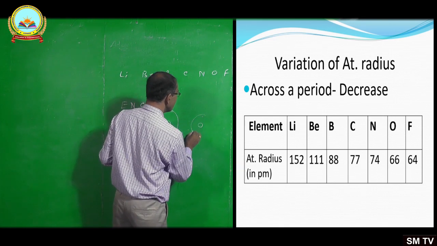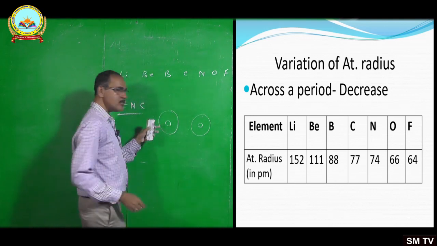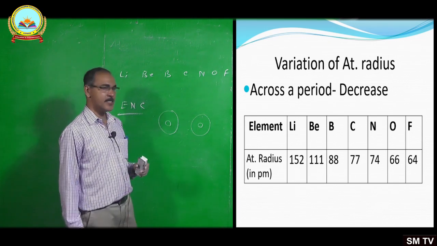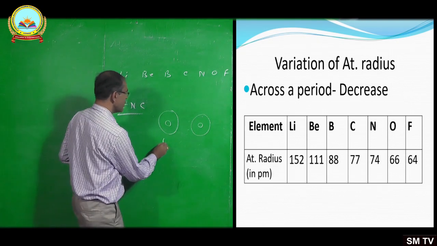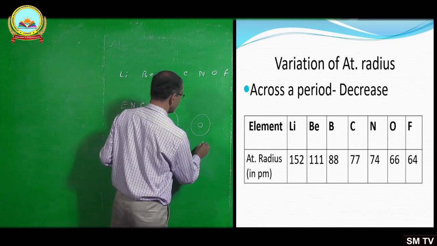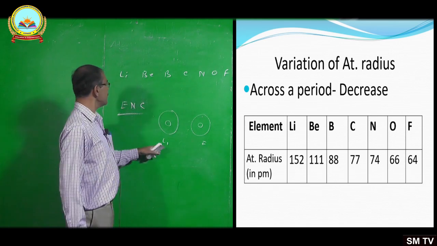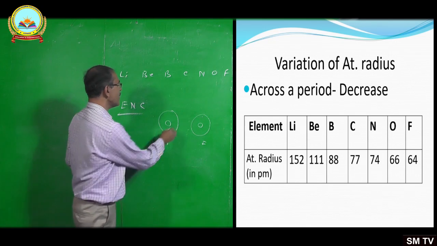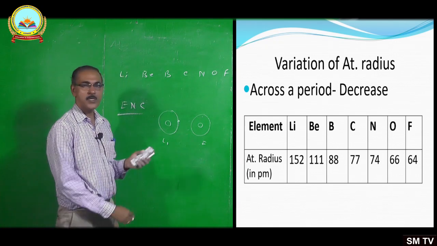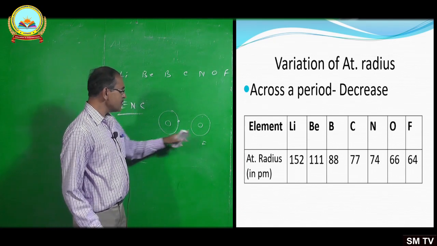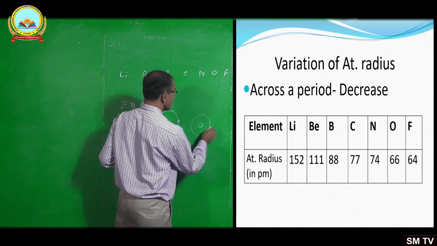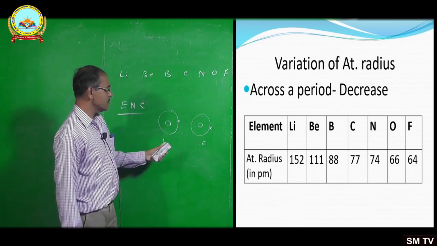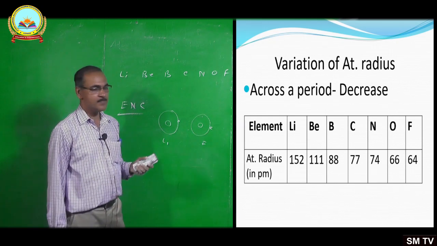The positive charge in the nucleus is because of the protons present here. You take lithium and you take fluorine. In lithium, you have only one electron in the valence shell. Consider there is an electron here, and here also you have an electron. Fluorine has 7 electrons.